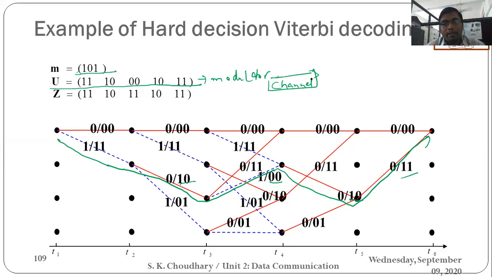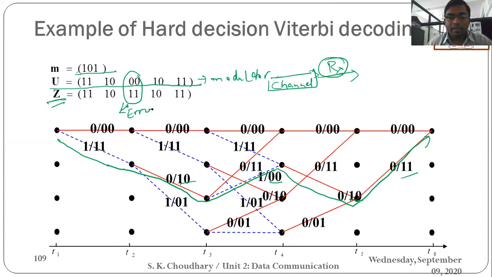Okay, so with the addition of errors, this code word is received by the receiver. So in the receiver section, whatever code word we have received, maybe there is some error, and this is represented here by Z, that is the received code word. So in the received code word, you can see there is one position where we have received a different bit, and this is because of an error.